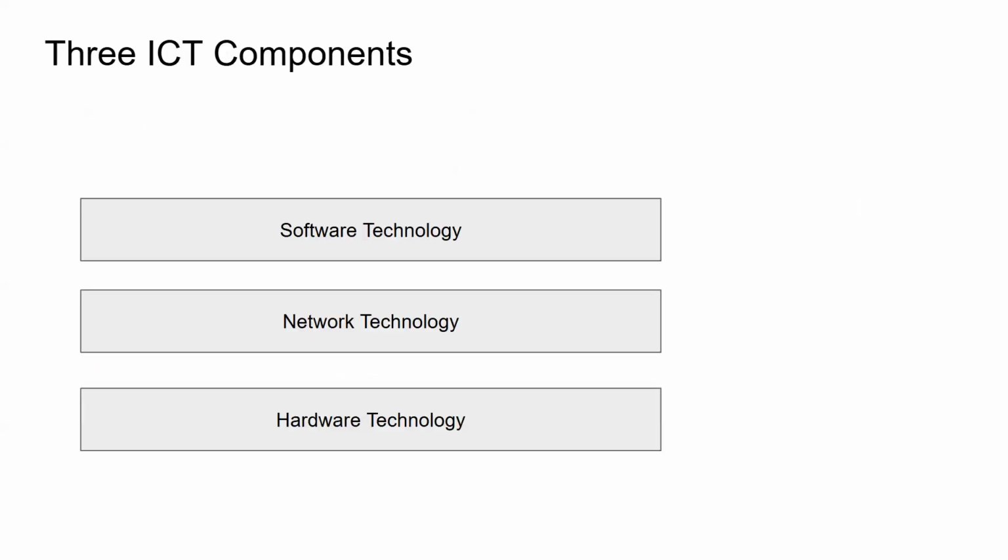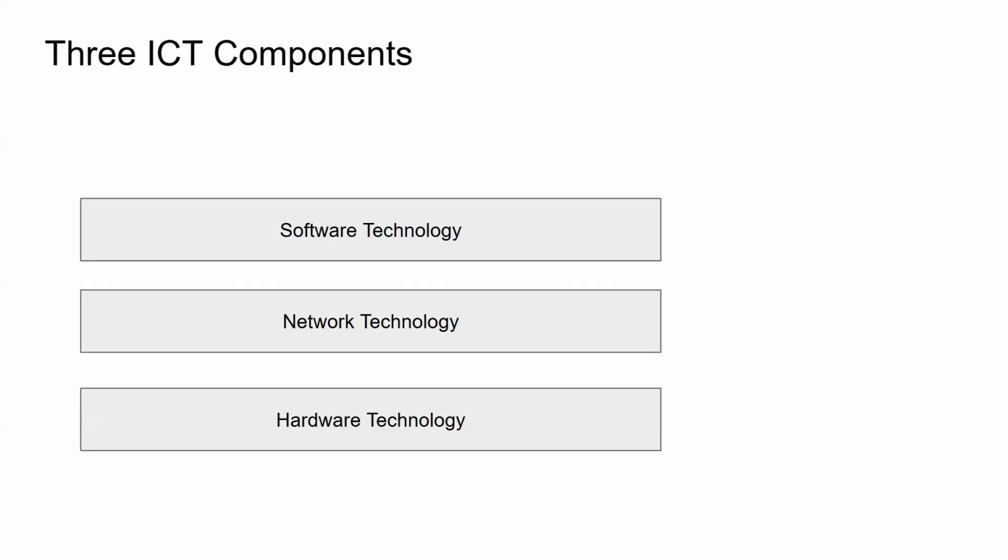There are three main components: software technology, network technology, and hardware technology, right? We can discuss from different perspectives, but to suit this discussion, I categorize ICT infrastructure into these three categories.